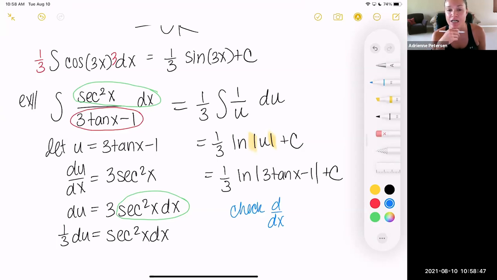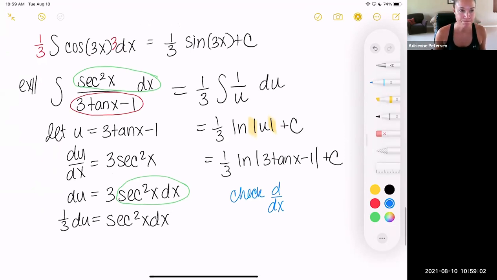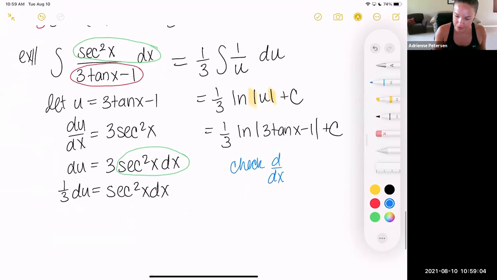But if you just had 3 tangent of x minus 1, right, the derivative of natural log of something, we put that something in the denominator and its derivative in the numerator. All right, any questions on that one? Okay, let's do a few more.